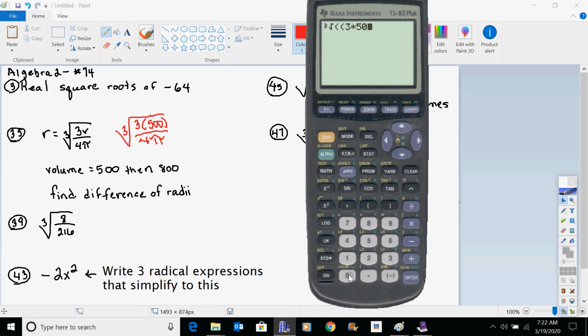Most of you just put in 1500, divided by the denominator. We want to make sure we group that up, 4 pi. Close the first parenthesis and close the second parenthesis and hit enter, and you'd get that value.